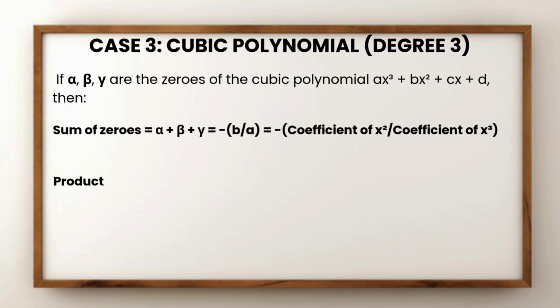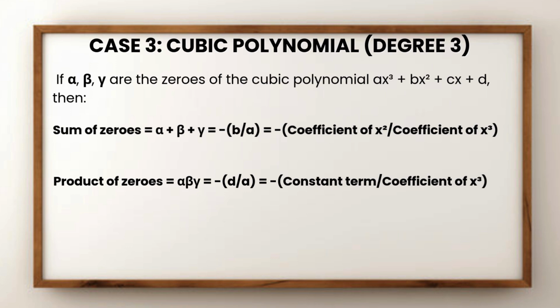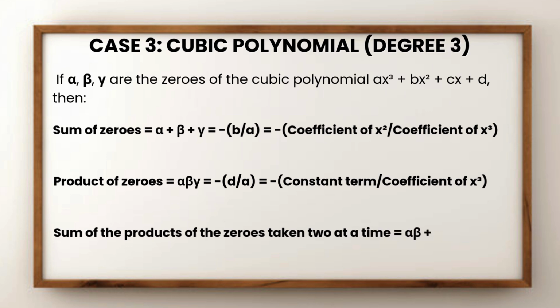Product of zeros, alpha into beta into gamma is equal to minus of d by a, which is minus of constant term by coefficient of x cube. Sum of the products of the zeros taken two at a time, alpha into beta plus beta into gamma plus gamma into alpha is equal to c by a, which is coefficient of x by coefficient of x cube.